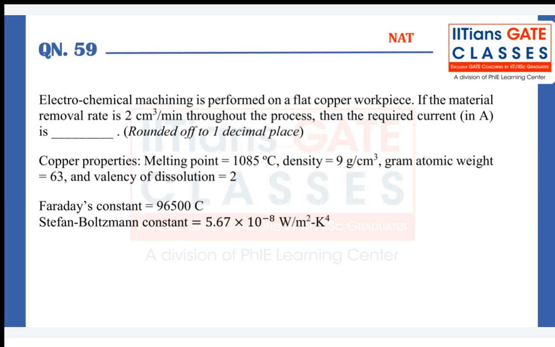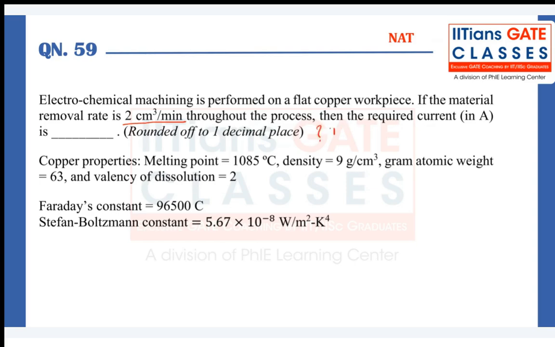ECM, electrochemical machining process. Electrochemical machining is performed on a flat copper workpiece. If the material removal rate is 2 centimeter cube per minute throughout the process, we have to calculate the required current.